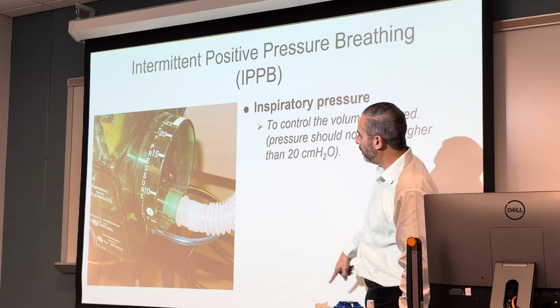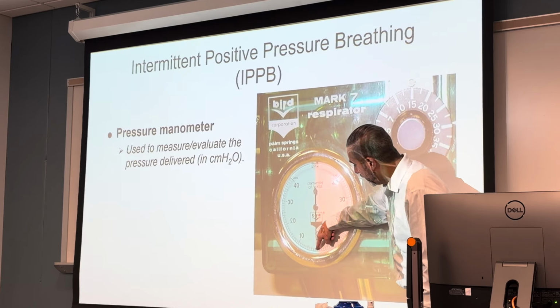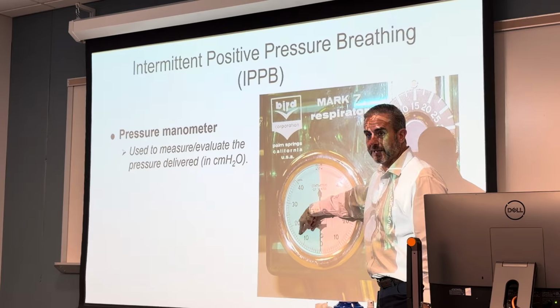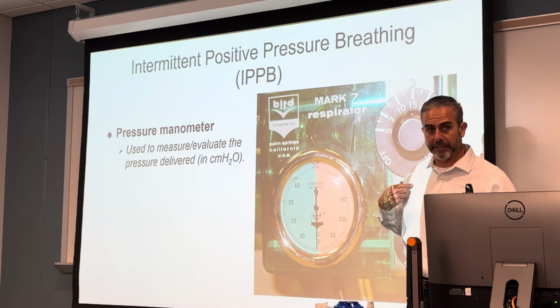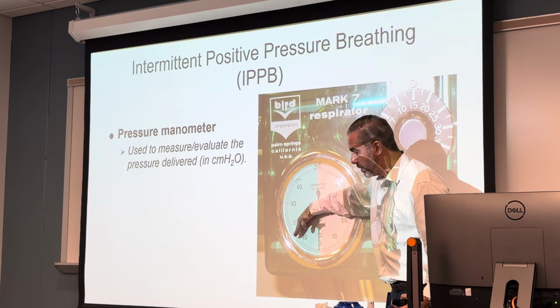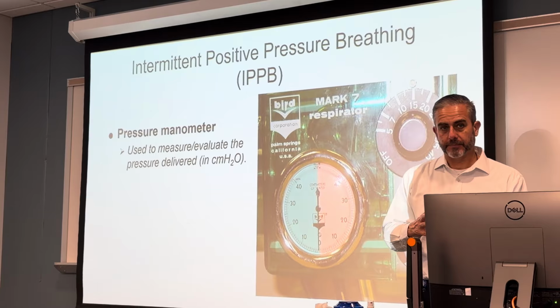You keep inching that pressure up from 15 to 20. Now that gauge is going to go up to 20 before it ever cycles off. The greater the pressure, the greater the volume inside the patient's chest. The lower the pressure, the smaller the volume going inside that patient's chest.